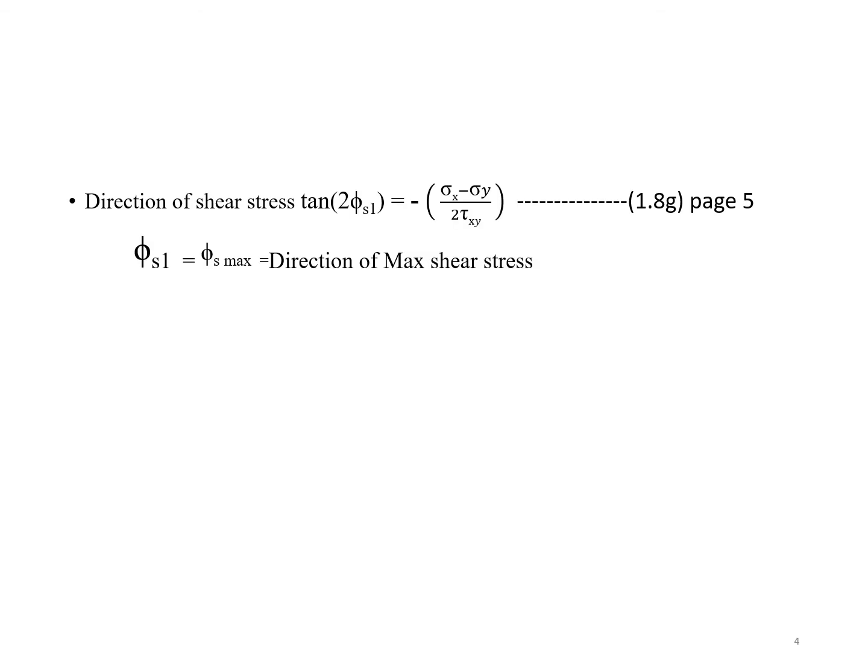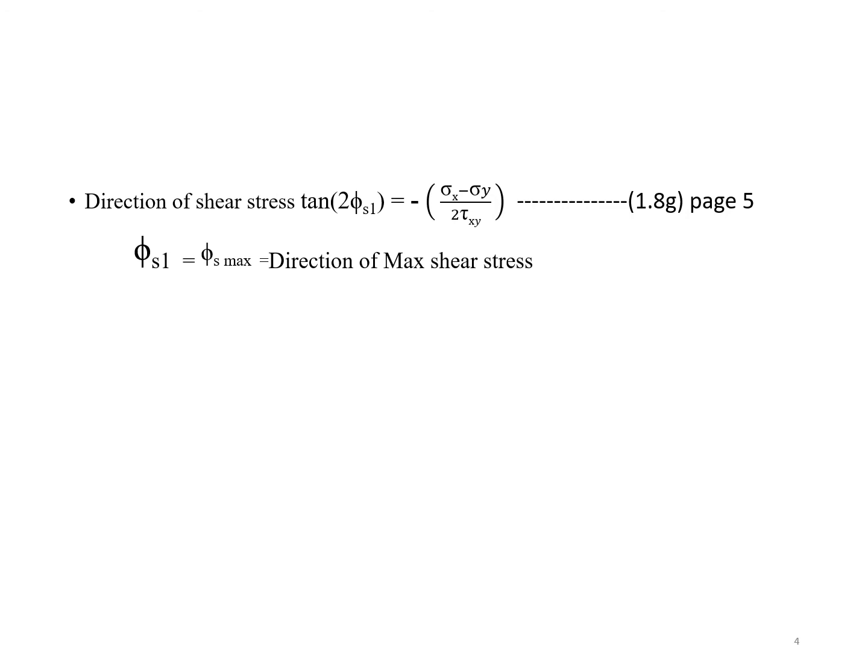Direction of the shear stress can be got from the equation tan 2 phi s1 is equal to minus (sigma x minus sigma y) by 2 times tau xy. This is equation 1.8g in the design data handbook, available on page number 5.